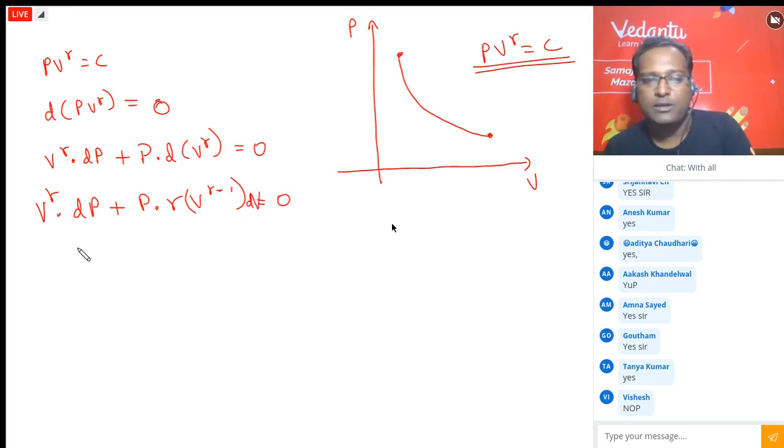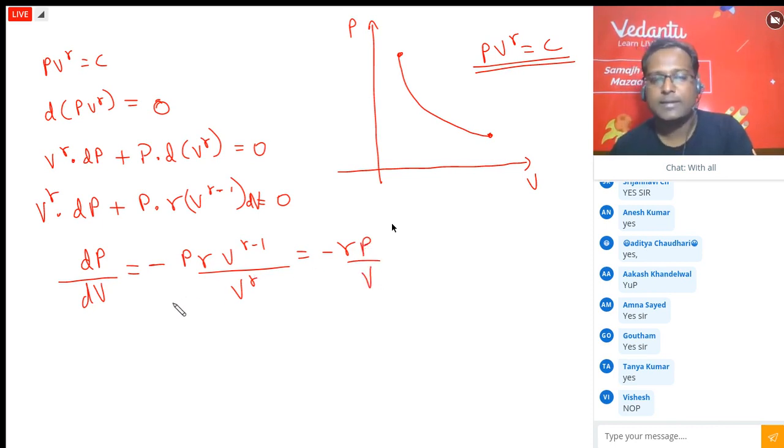Now I'm taking this thing on the other side of the equation and bringing dV back. So I will get minus P gamma V to the power gamma minus 1 upon V to the power gamma. So I will get it as minus gamma P by V.